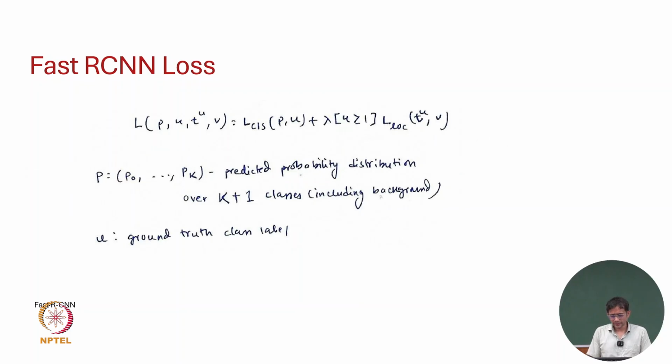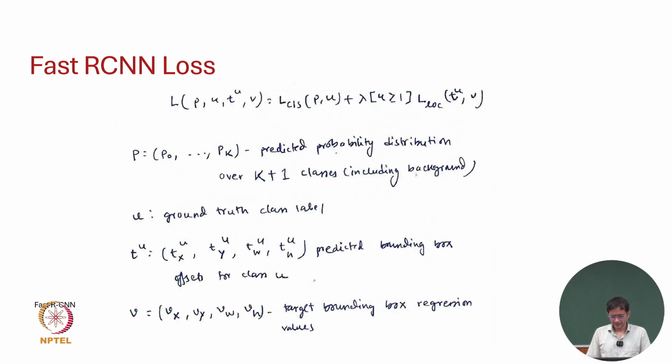What we are looking at, one is p, which we can think of as the predicted probability distribution over the k+1 classes. So if we are interested in k classes and 1 corresponding to the background, that is p0 itself, the background. u is our ground truth class label, which means now we can compute a classification loss using this p and the u.